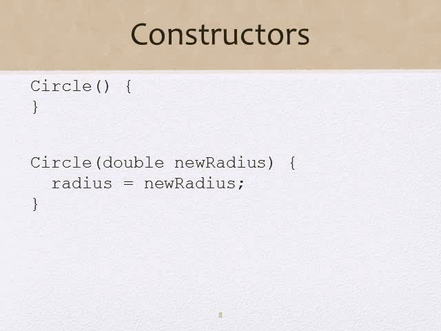Constructors never have a return type, not even void. So they're a special method, because we've learned that methods need to have a return type. Constructors are invoked from a using program with the new operator. That's when an object is instantiated. Usually constructors play the role of initializing the value of the properties of an object.